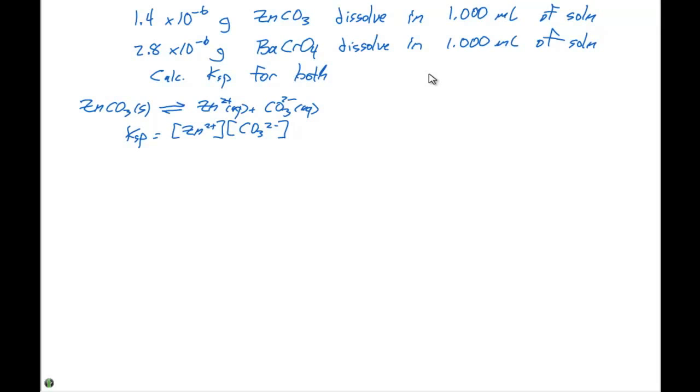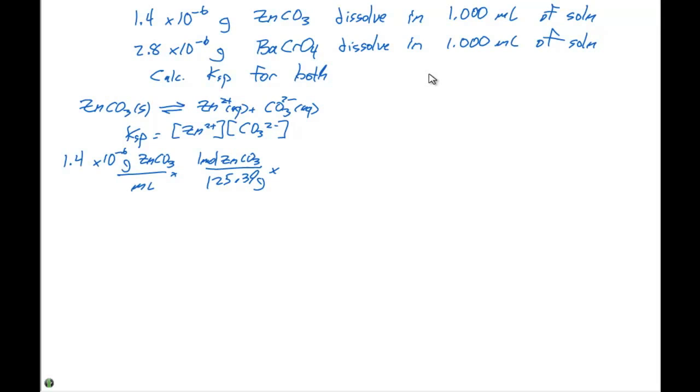If we have 1.4 times 10 to the minus 6 grams of zinc carbonate per milliliter, we can set up a conversion factor, and we know that 1 mole of zinc carbonate is 125.39 grams. We can get that from the periodic table.